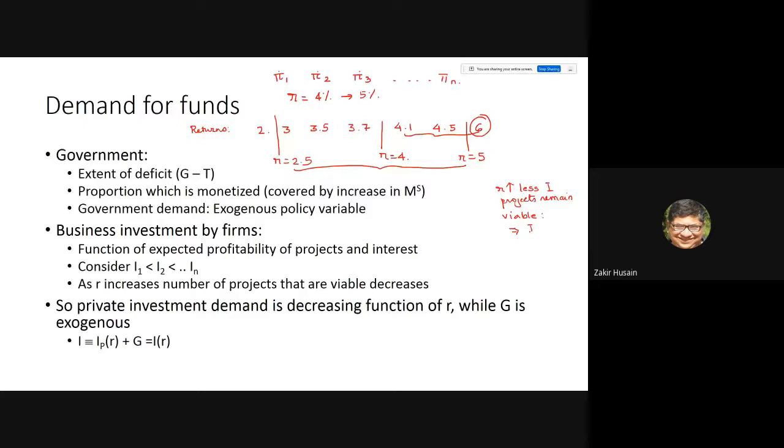So that means I is going to come down. And if R decreases, more projects become viable, I is going to go up. So private investment demand is a decreasing function of R. Okay, we can write I is a function of R and I prime is negative, right?